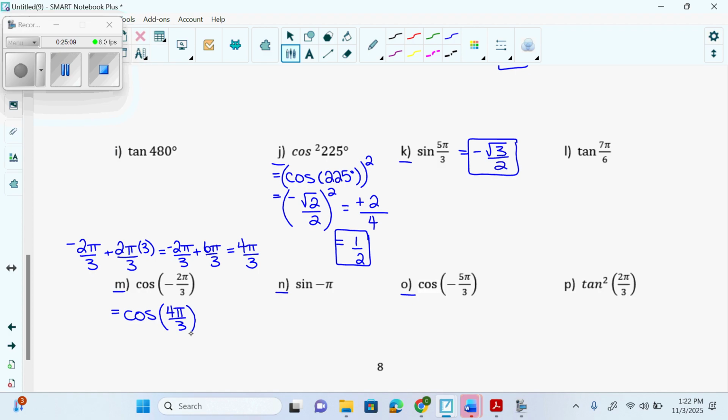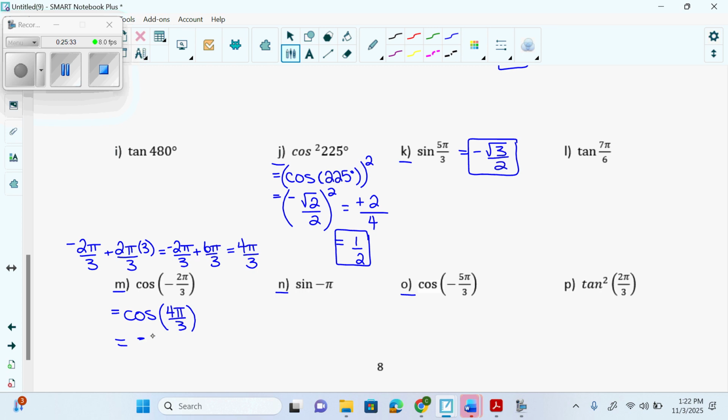So if I go to 4 pi over 3, I'm going to go counterclockwise all the way to 4 pi over 3. 4 pi over 3 is the same as 240. If I go negative 2 pi over 3, I'm going to land on 240 because negative 2 pi over 3 is negative 120. Lands on that same arm. Yes? Either way. So, what is cos at 240?